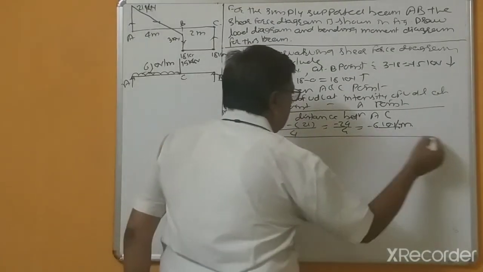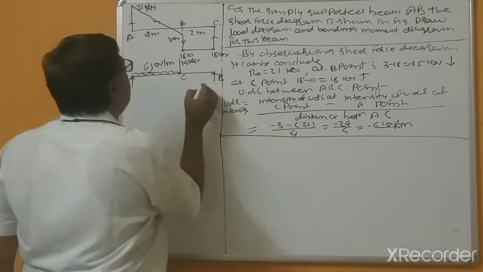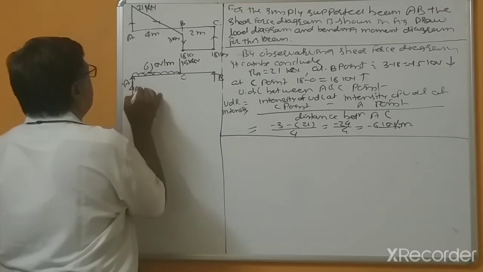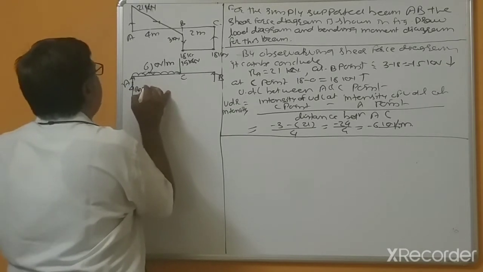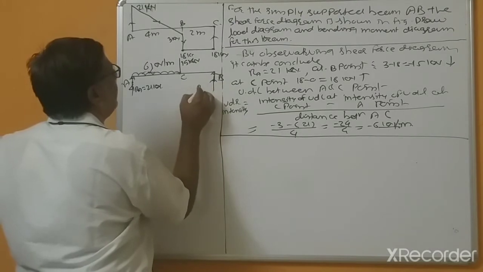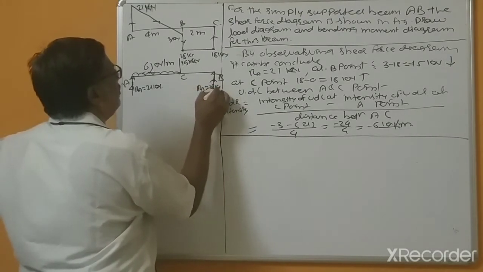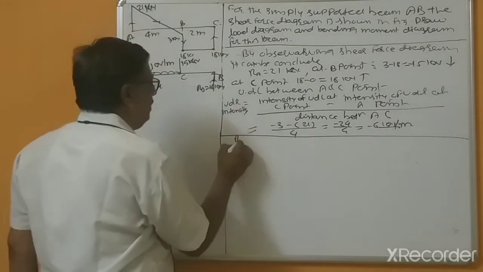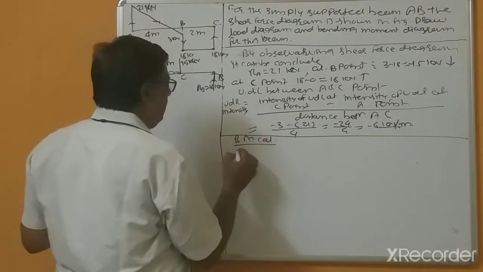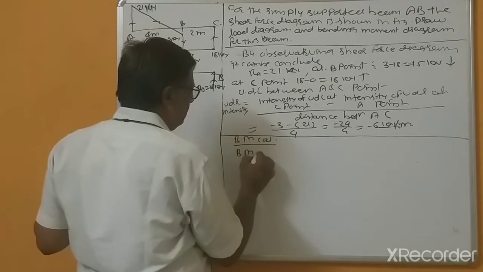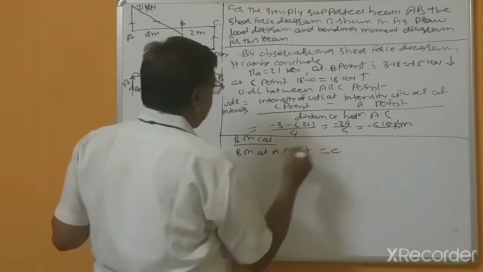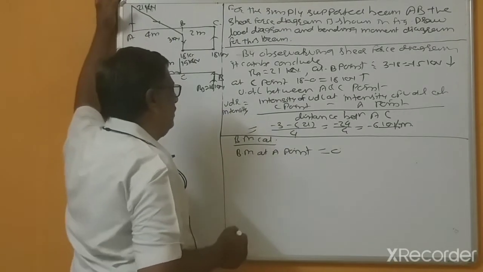Now draw, this is load diagram. RA equal to how much? 21 kilonewton, and RB equal to 18 kilonewton. Now bending moment calculations. Bending moment at end points equal to 0.